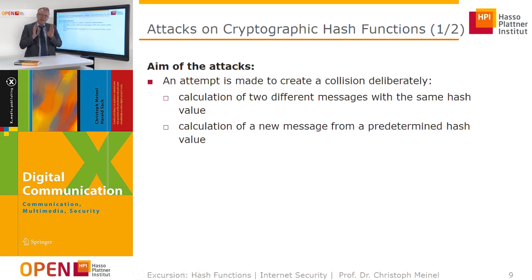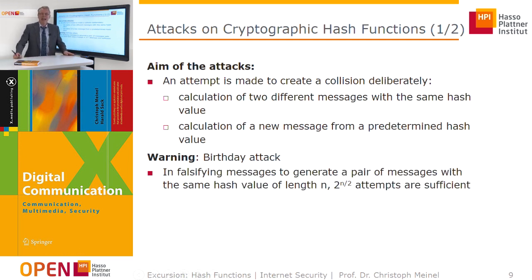Or to calculate a new message from a predetermined hash value. So the hash value that was used, for example, to secure a password or to secure information, the attacker tries to find another password or another message with an identical hash value. And we discussed already the birthday attack.